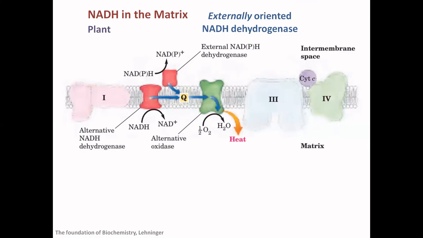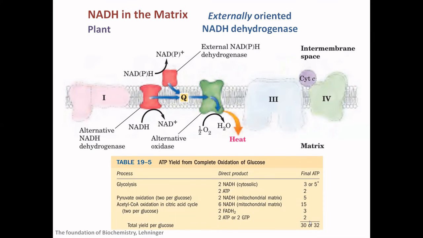And that moves into complex 3 and complex 4. And during this process, there is pumping of protons from the matrix into the intermembrane space. So we have the 2 shuttle mechanisms, and in the case of the plant, it is a special type of NADH dehydrogenase, complex one, the externally oriented one.